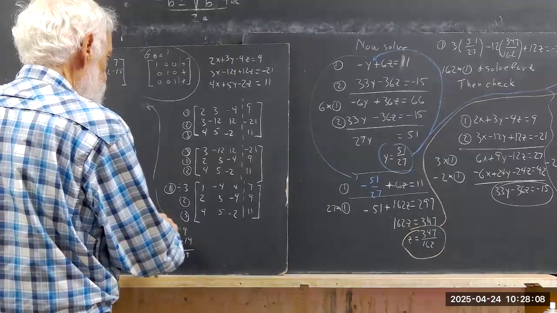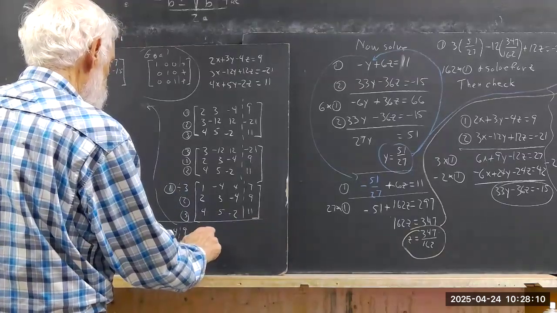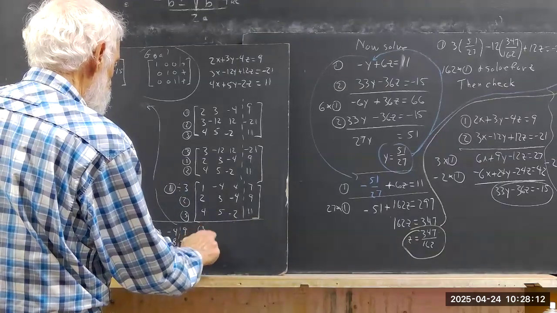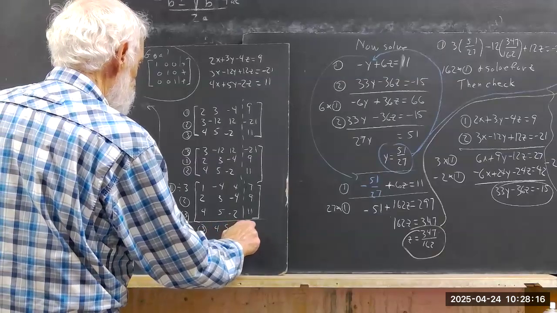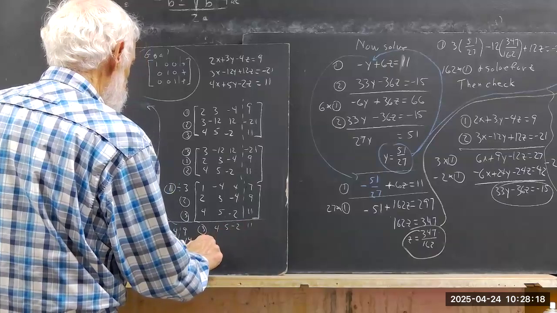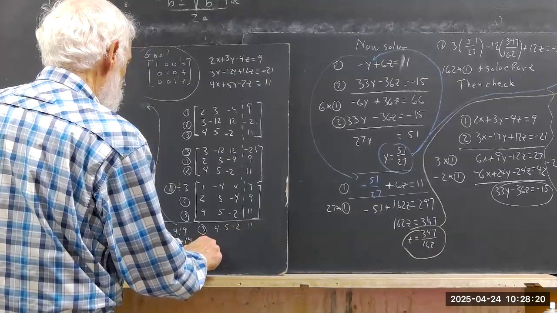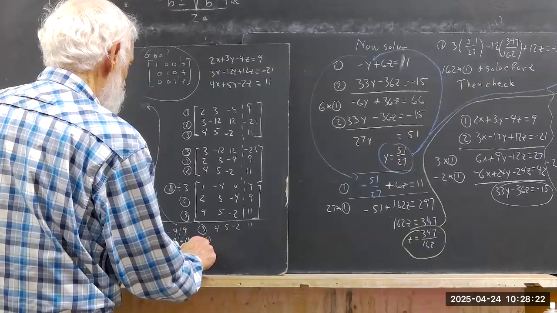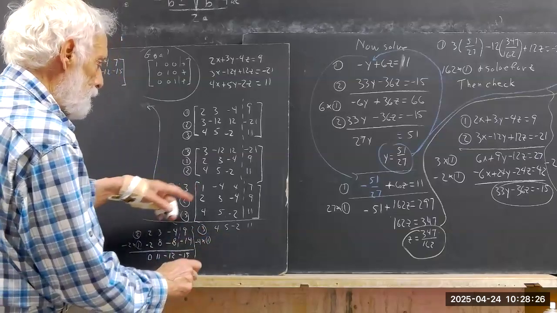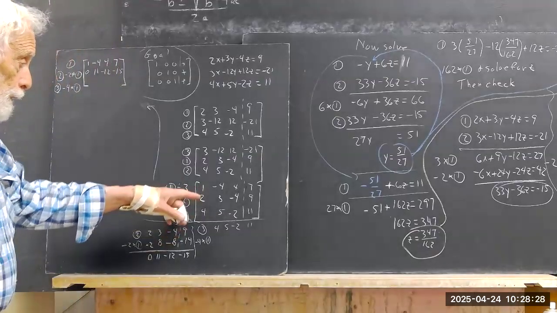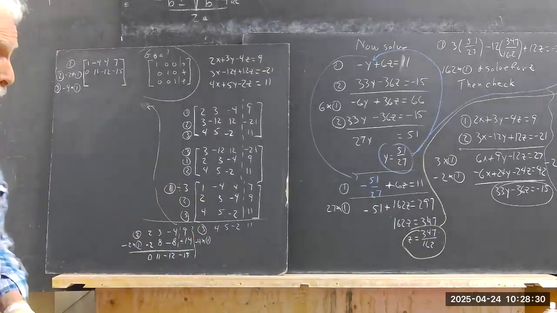I'm going to use some of the board skills I have down here just for scratching. Row 3 is 4, 5, -2, 11. -4 times row 1. Well, write that out for what's -4 times row 1.